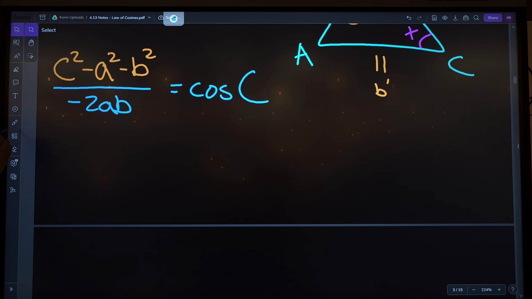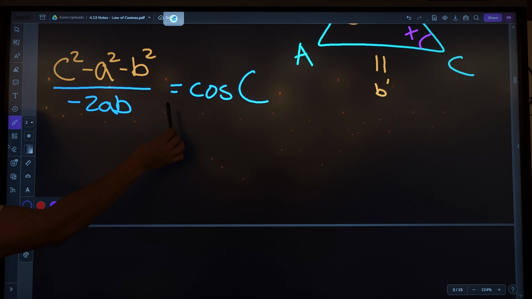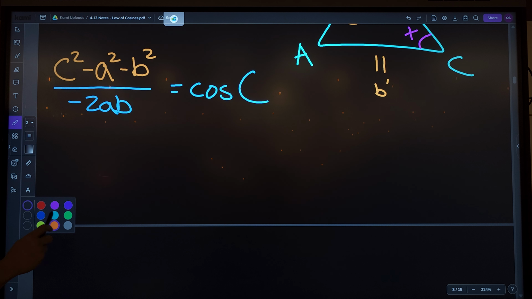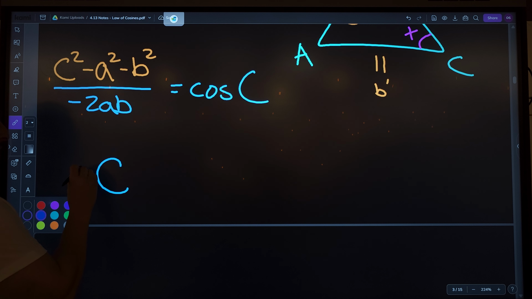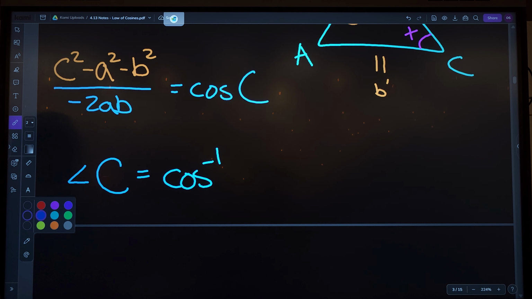Okay, so here's the last step. I need not cosine C, I need angle C. So how do I separate cosine from the C? Let me rephrase that question. How do you solve for angles? Inverse. That's the way you separate. So angle C equals the inverse cosine.